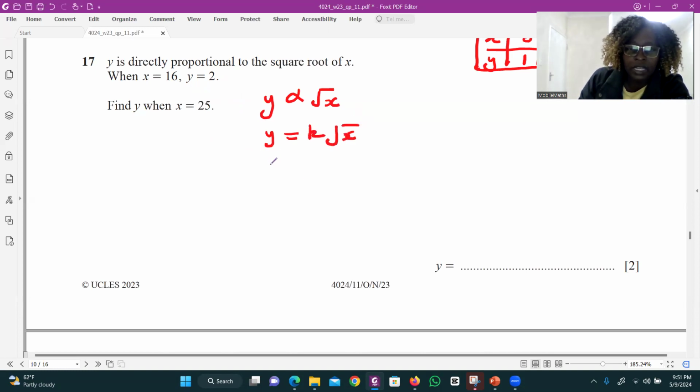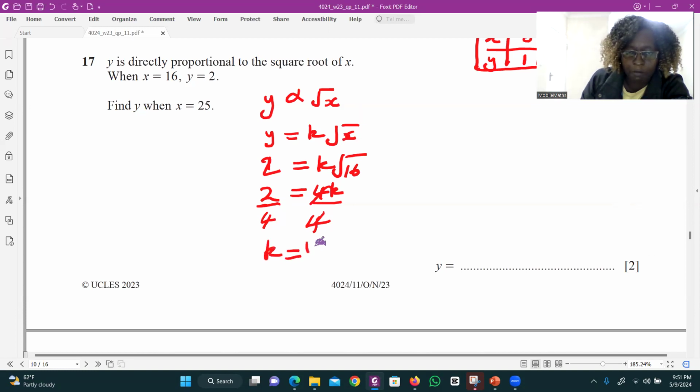Then my y is 2, so 2 is equal to k times the square root of 16. Square root of 16 is 4, so I have 2 is equal to 4k. Let's divide both sides by 4. So our k value is equal to a half.